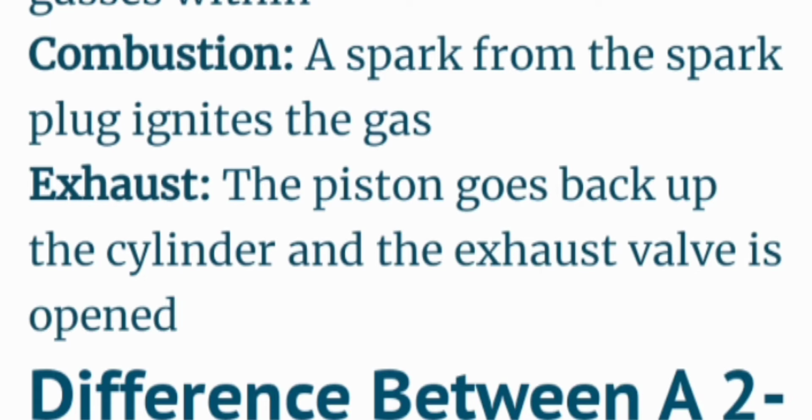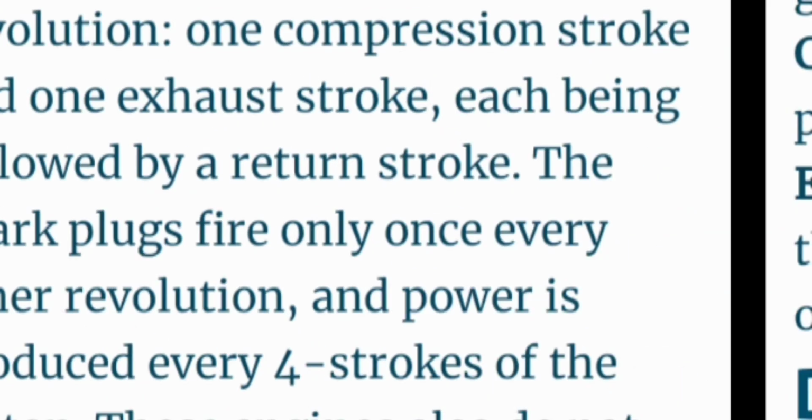Difference between a two-stroke and a four-stroke. The difference between a two-stroke and four-stroke engine is how quickly this combustion cycle process occurs, based on the number of times the piston moves up and down during the cycle.